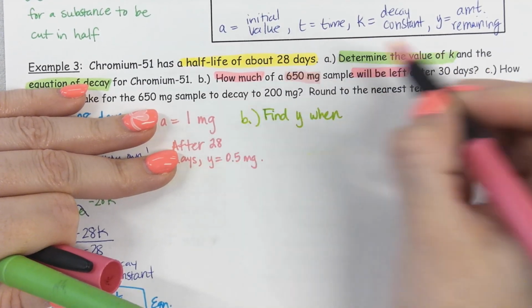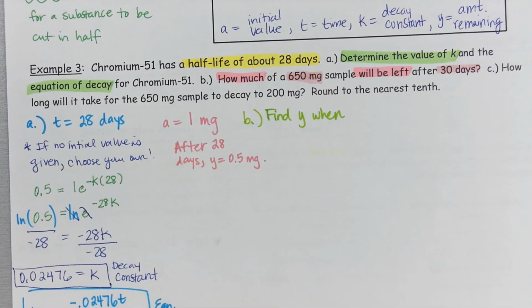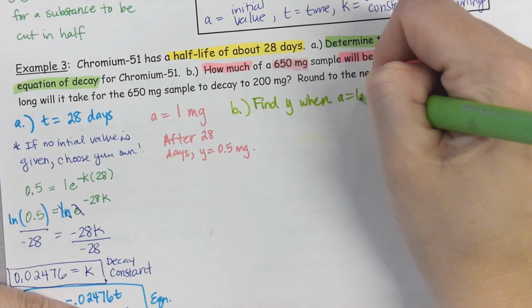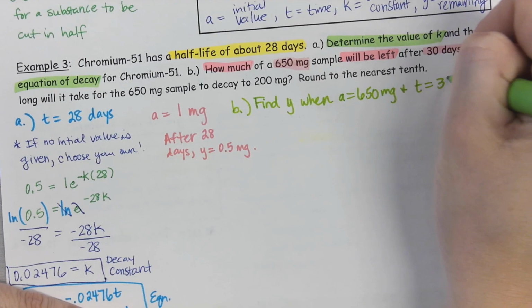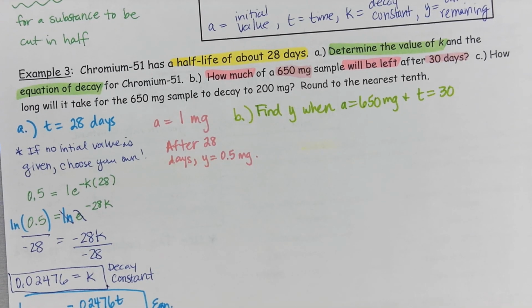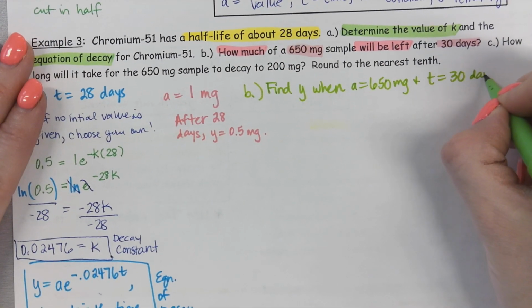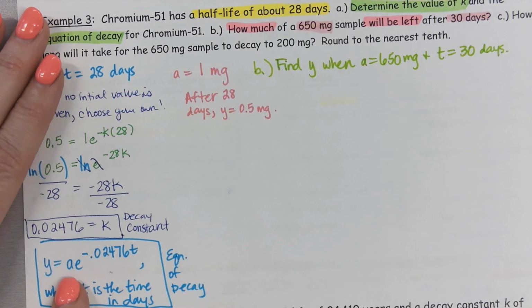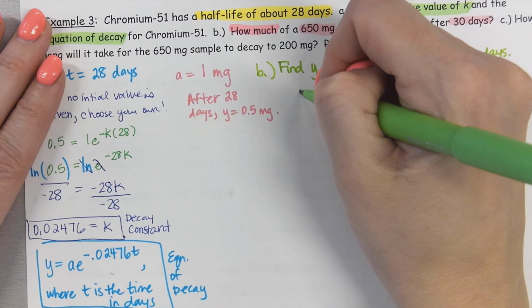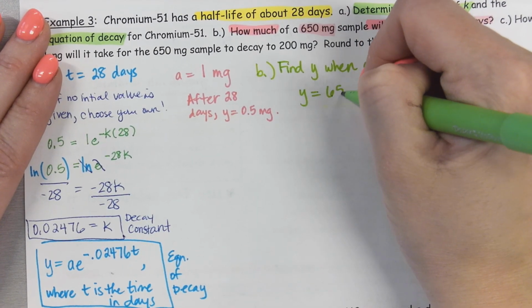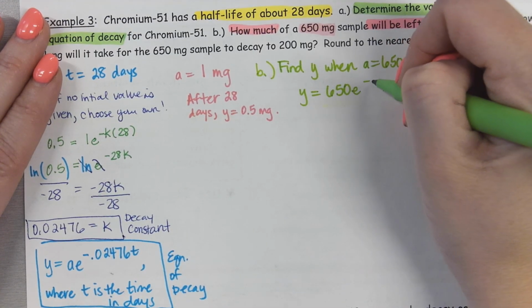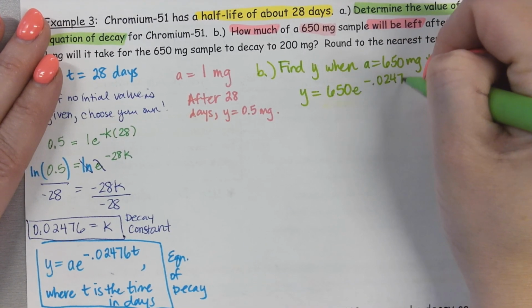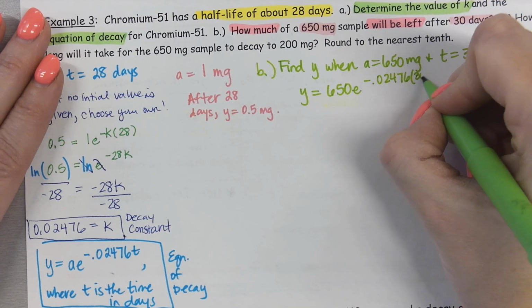A, and then 30 days is going to be T. Okay, so when A is 650 and T is 30. So you have already written down the model. Now we just have to find Y when A is 650 and plug in 30.